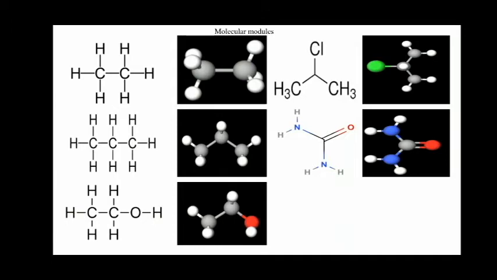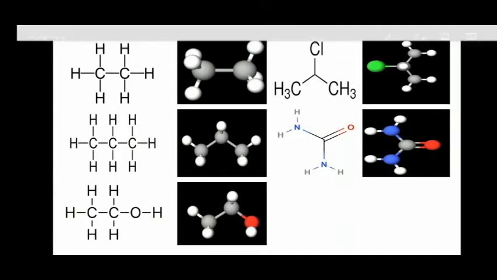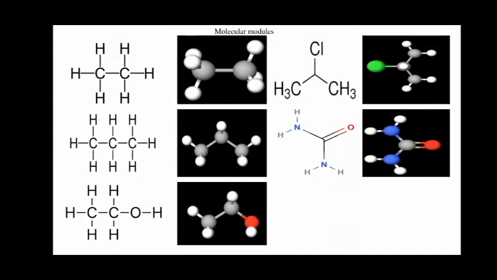If you see these structures, each structure has a bond with carbon. Each compound we mentioned has almost saturated bonds, apart from urea, where the carbon shows a carbonyl bond. We'll see that later on.